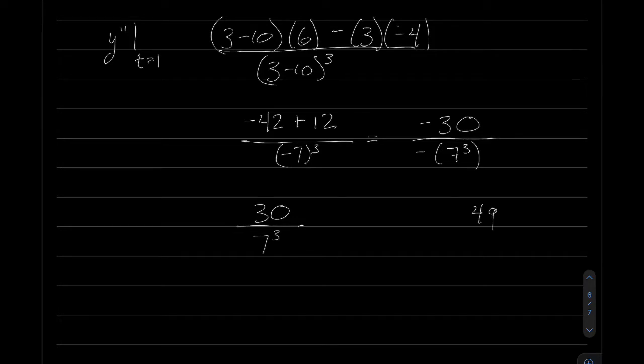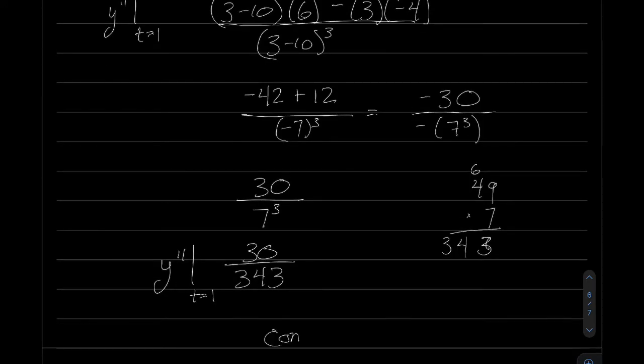7 cubed is 49 times 7, so that's 63, 7 times 4 is 28, plus 6 is going to be 34, so 343. So 30 over 343 is y double prime at the point given by t equals 1.